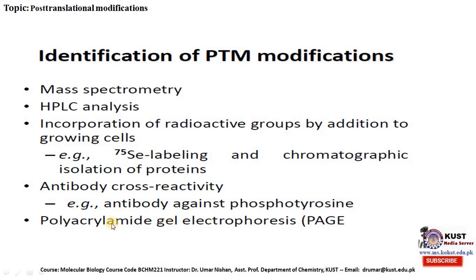PAGE tells us about the molecular mass of a protein. So with its help, we can get an idea about what type of post-translational modification has occurred. So this is the summary of the different techniques which can tell us about the type of post-translational modification that a protein has gone through.